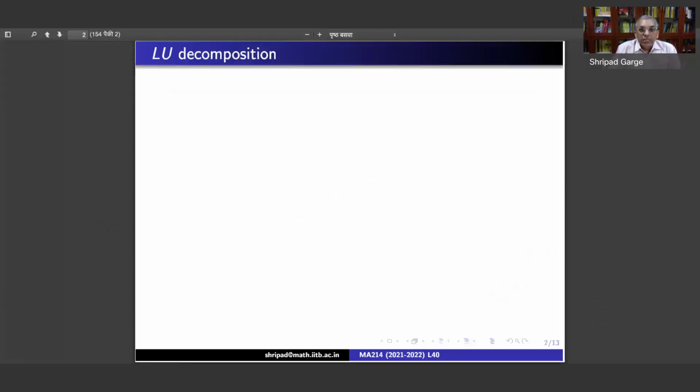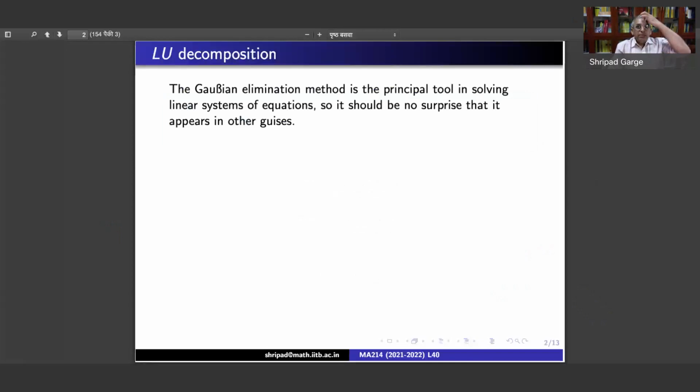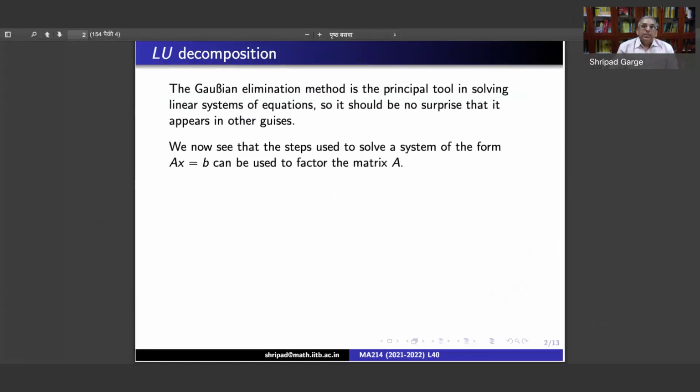All right, so the Gaussian elimination method is one of the principal tools in solving linear systems of equations. So it's no surprise that it appears in other guises. We now see that the steps used to solve a system of the form Ax = b can be used to factor the matrix A. And later, perhaps in the next lecture, we will see that we can use some factorizations and solve the system that we have obtained.